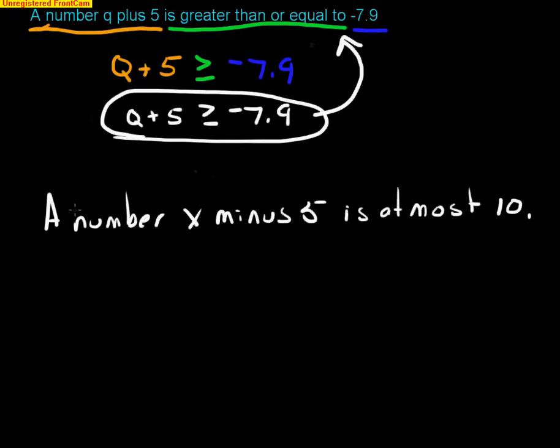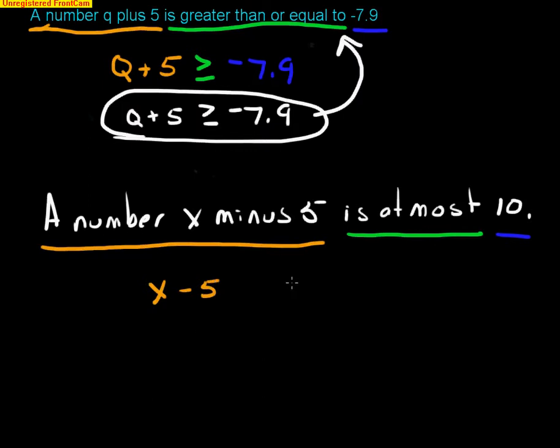Okay, well, let's look at our parts of this. So we have a number x minus 5. We kind of have our key phrase here, which is at most. And then, of course, our number over here, 10. Okay, so a number x minus 5, that's pretty easy. So how about just x minus 5?